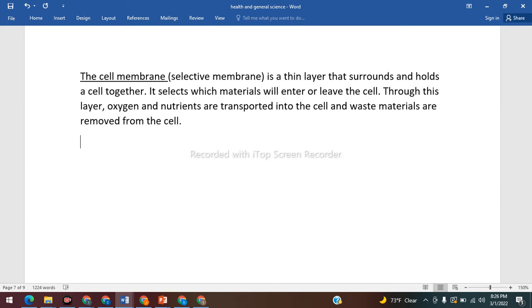The cell membrane, is it only in plant cells? No. Plants and animals. We have the vacuole. The vacuole is the storehouse.